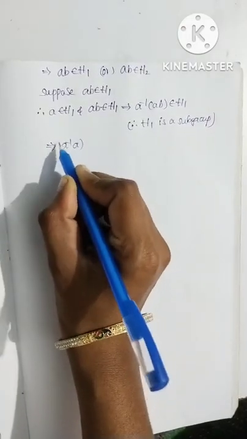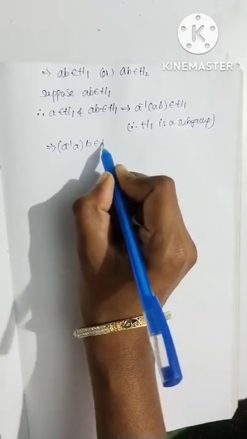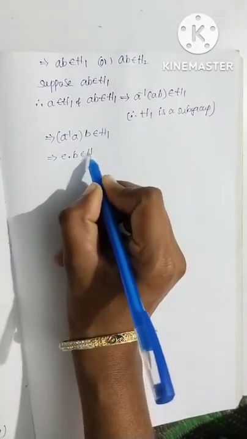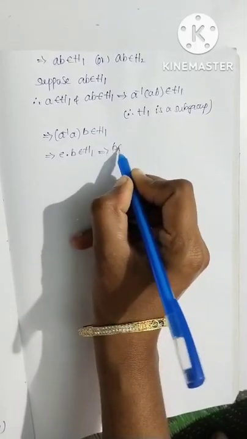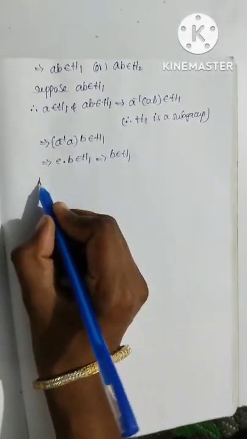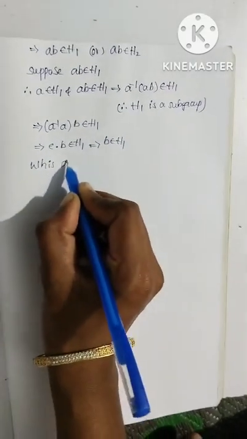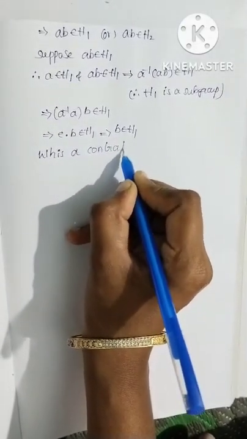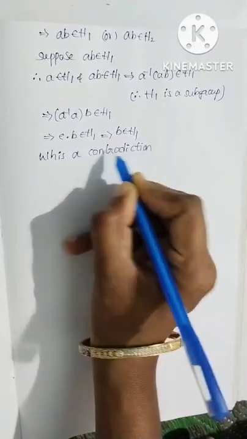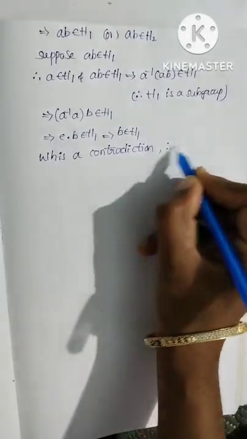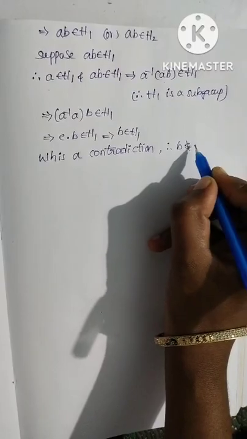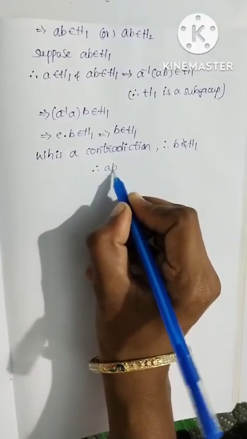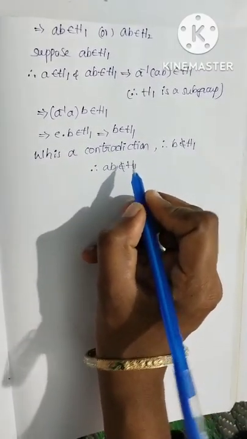A inverse A into B belongs to H1, so E into B belongs to H1, that is, B belongs to H1, which is a contradiction. B does not belong to H1, therefore AB does not belong to H1.